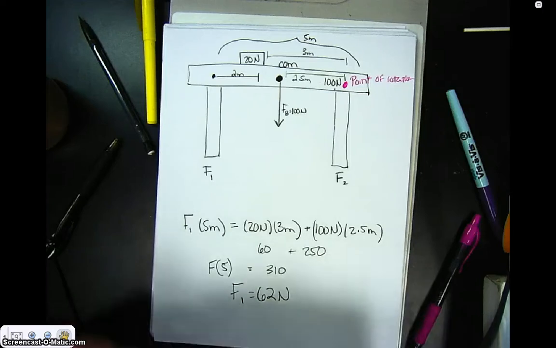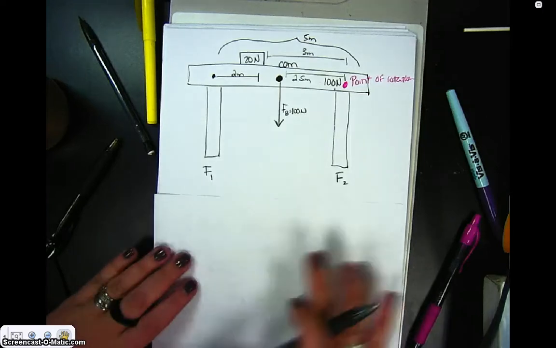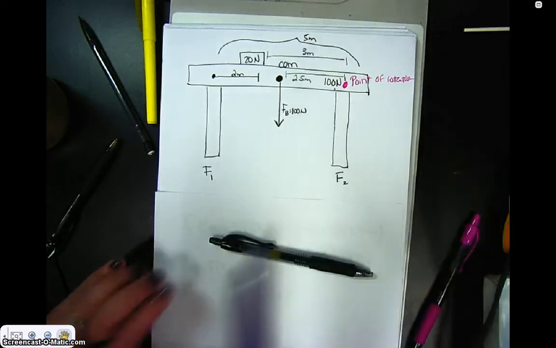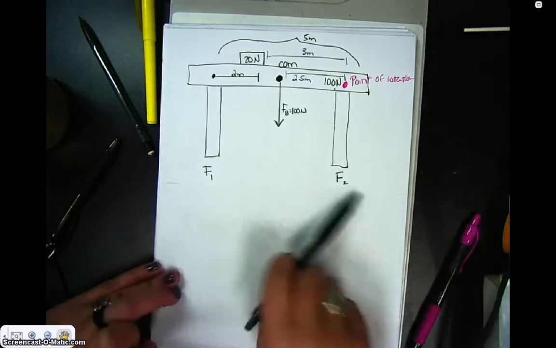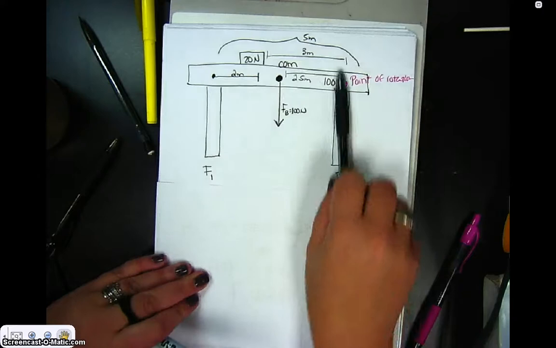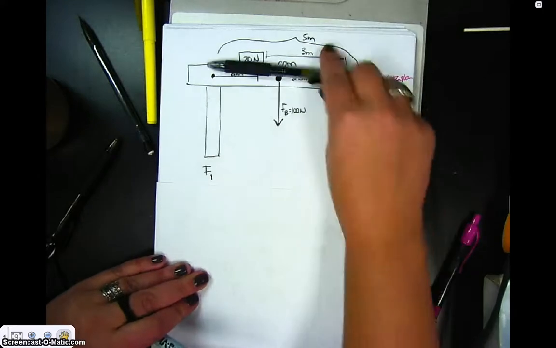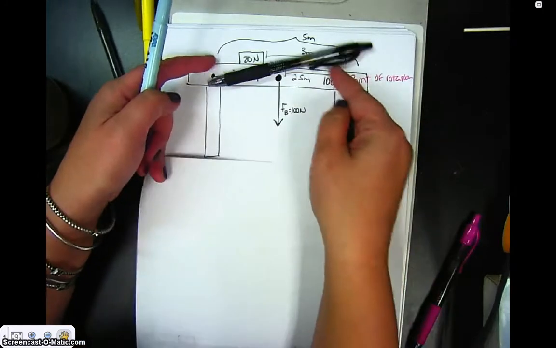All right. Now let's go ahead and look at force 2. I'm going to cover this up and we'll start again. We now have to change our point of rotation. If we were to push up with this leg, my table is going to rotate about the other leg.